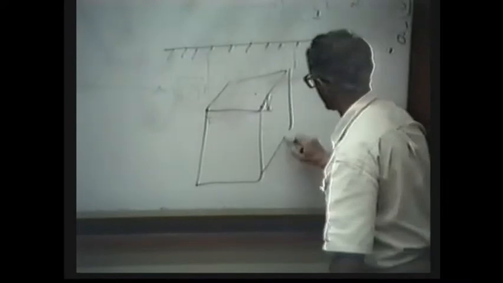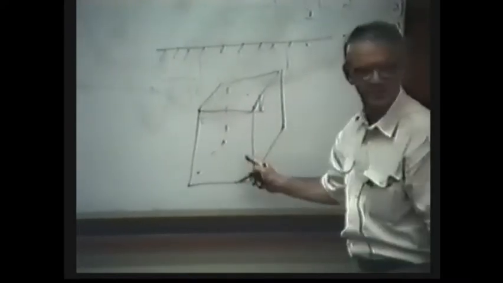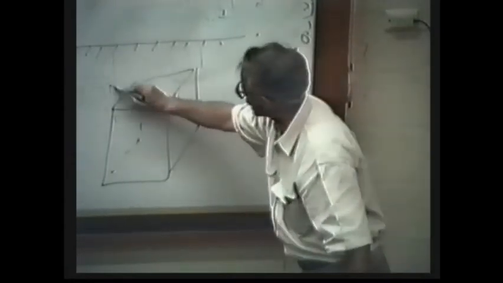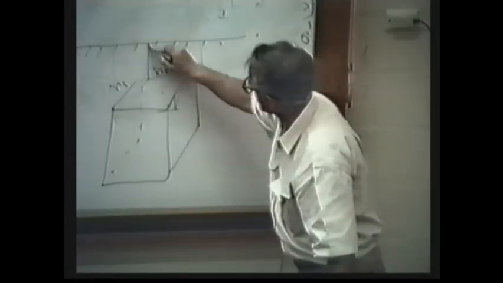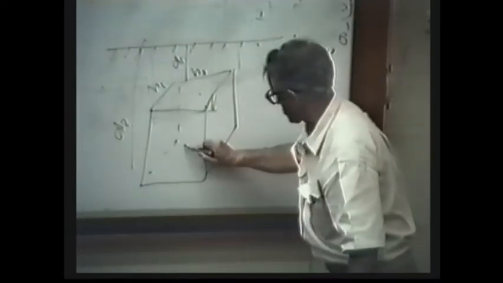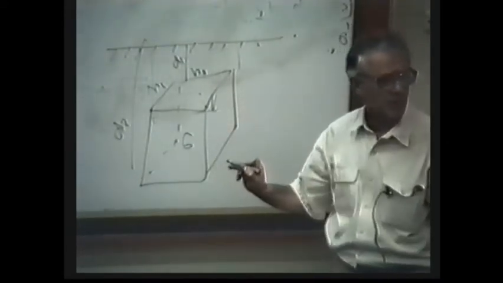Now, how many parameters does this prism have? H1, H2, D1, D2, sigma, correct? 5 parameters.